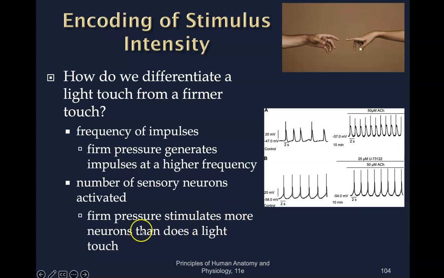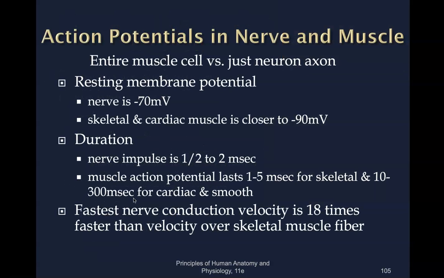So firm pressure is going to stimulate more neurons in that area than light touch does. Those are the two ways that we can differentiate light touch from firm touch: the frequency of the impulses and the actual number of sensory neurons that you're activating. So hopefully that makes sense.